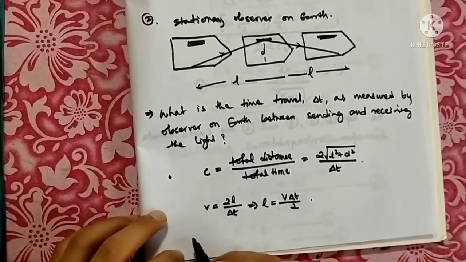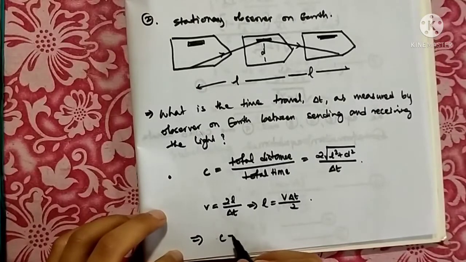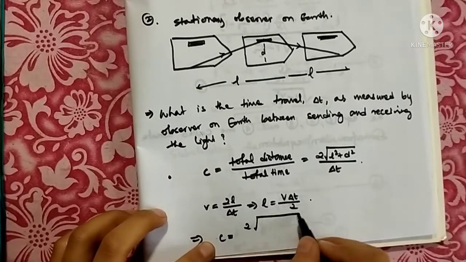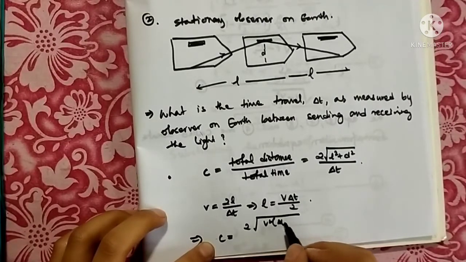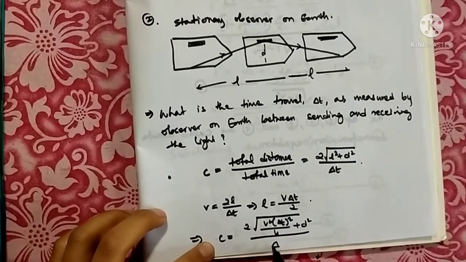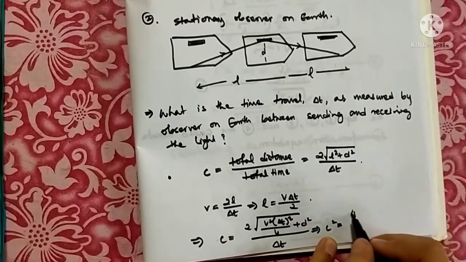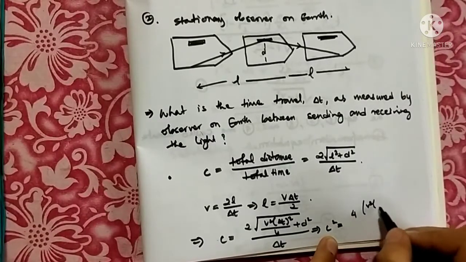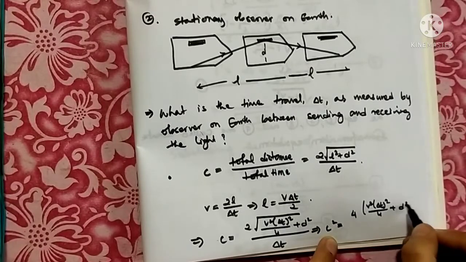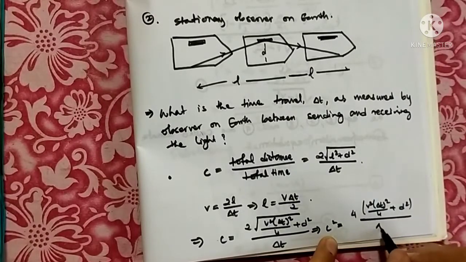Here it implies that c is equal to 2 under root v square delta t square by 4 plus d square, by delta t. It implies that c square is equal to 4 times v square delta t square by 4 plus d square, by delta t whole square.